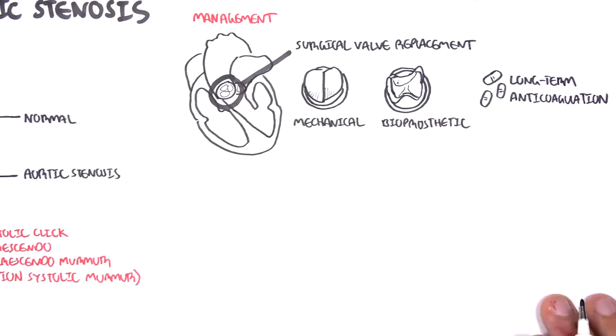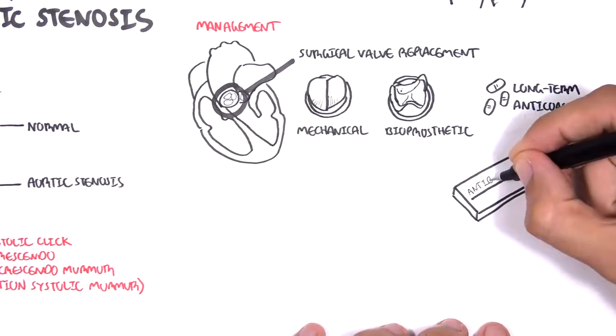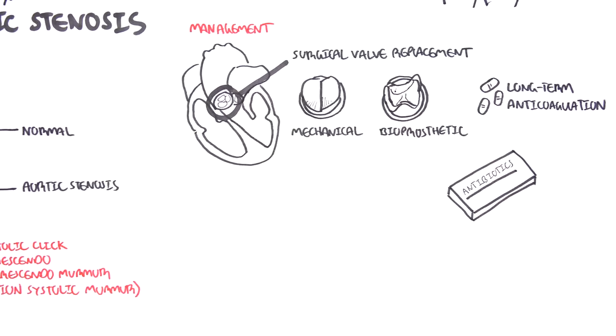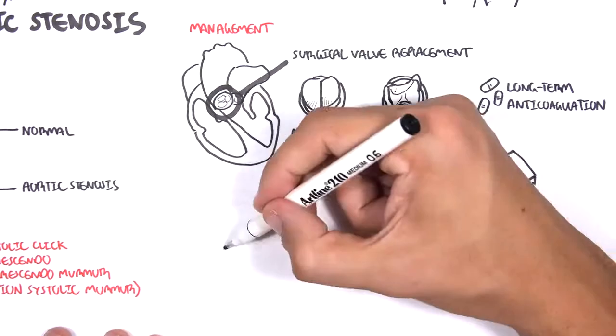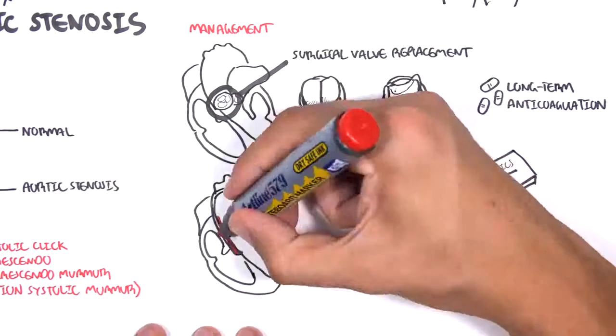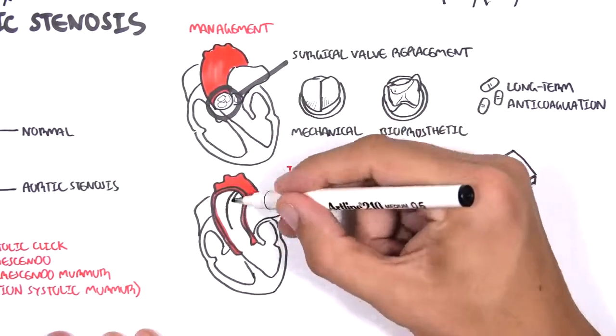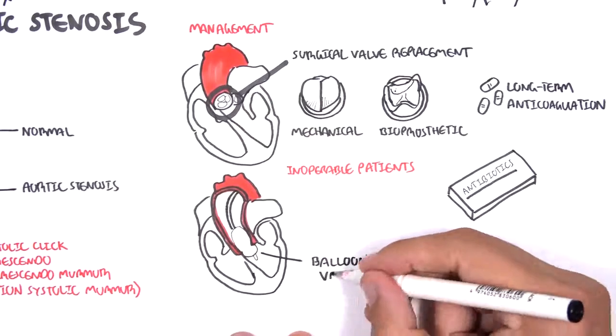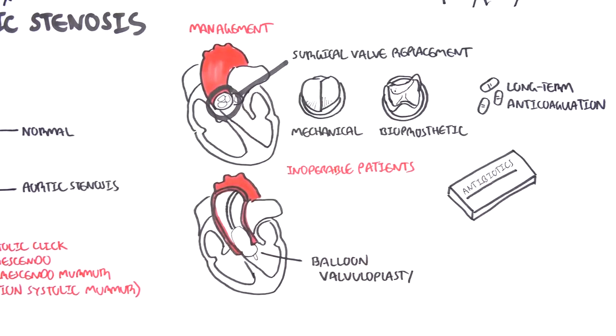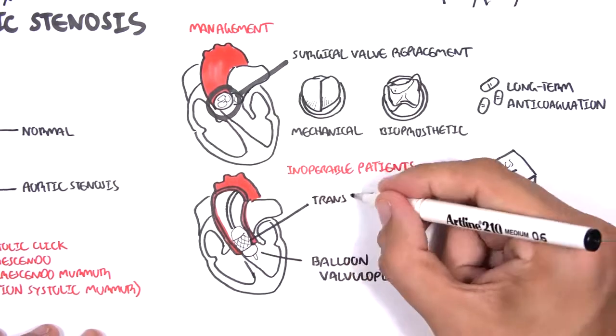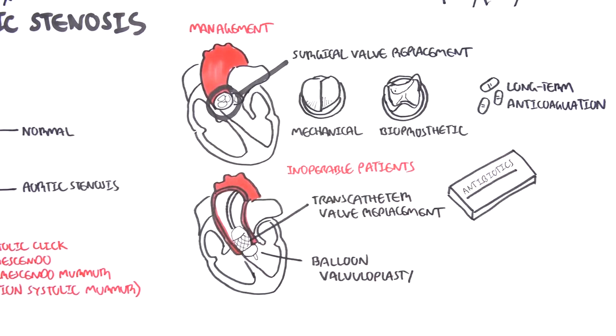Short- or long-term anticoagulants and antibiotics may be necessary following surgery for those who are susceptible to infections and complications. For patients unable to undergo a valve replacement, there is balloon valvuloplasty, where the valve's foramen is dilated, and transcatheter valve replacement can also be performed following a balloon valvuloplasty.